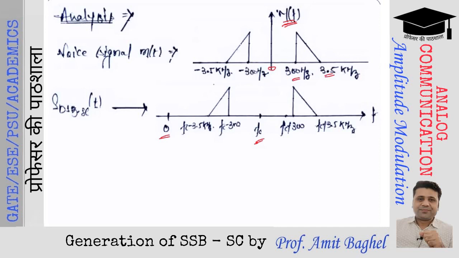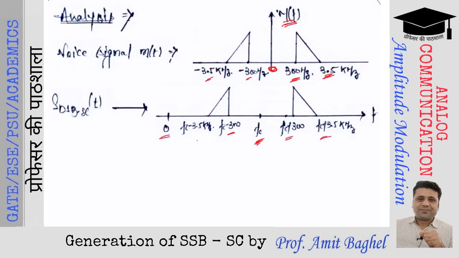So the frequency component which exists at 0 will now exist at fc. 300 hertz will now shift to fc plus 300. 3.5 kilohertz will now shift to fc plus 3.5 kilohertz. Minus 300 hertz will now shift to fc minus 300.